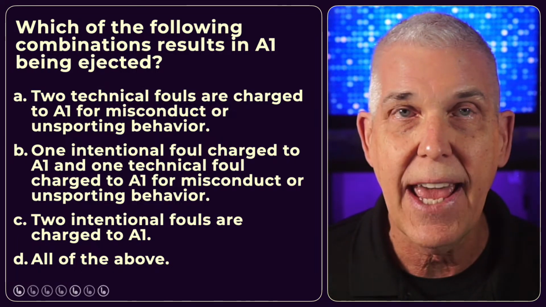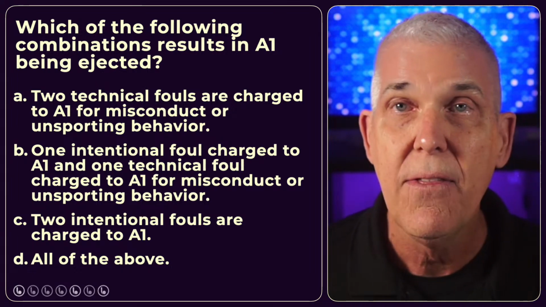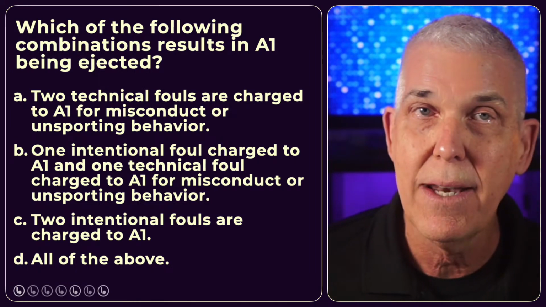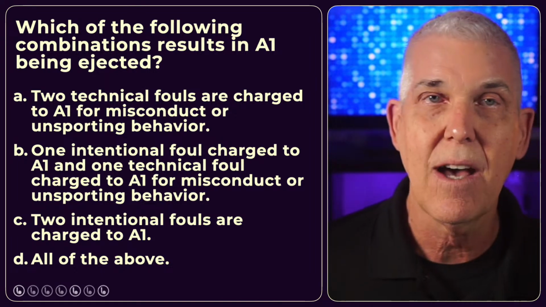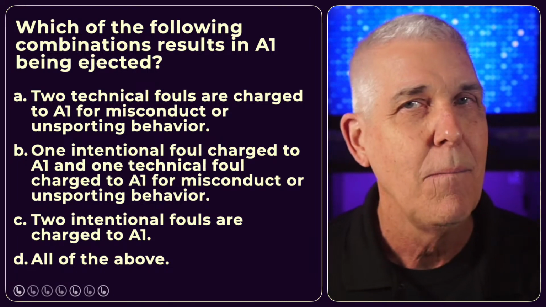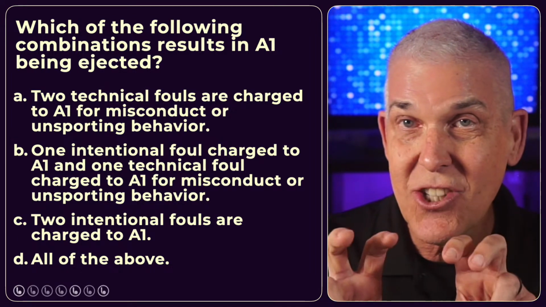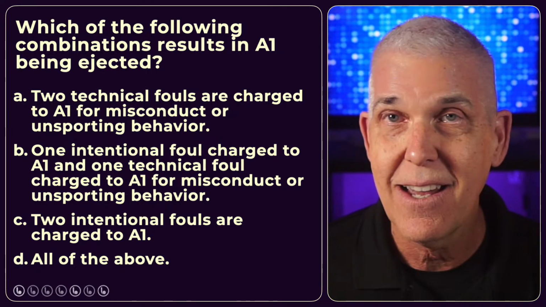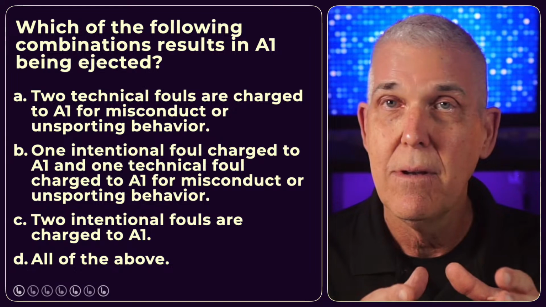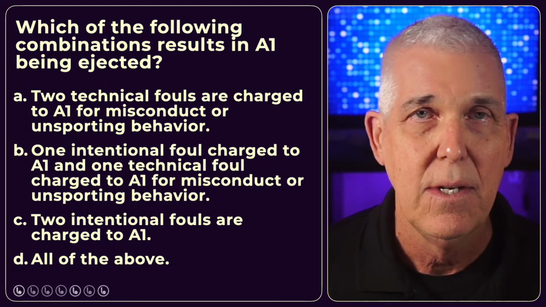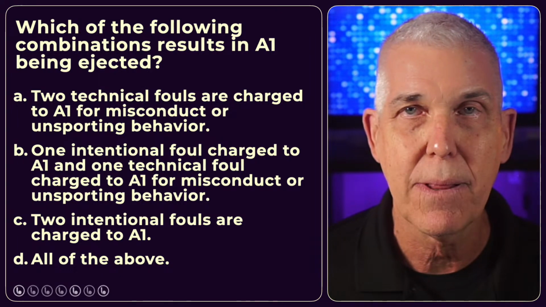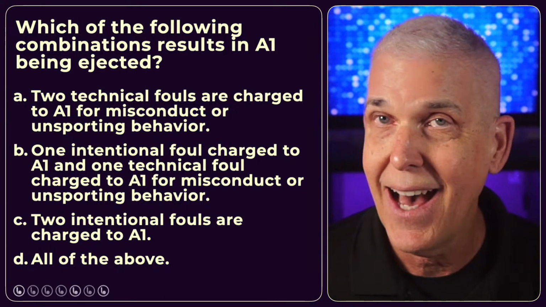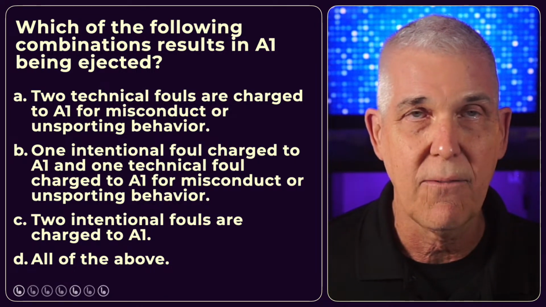2 technical fouls are charged to A1 for misconduct or unsporting behavior that would result in player disqualification. B, 1 intentional foul charged to A1 and 1 technical foul charged to A1 for misconduct or unsporting behavior may lead to an ejection at other levels, NCAA women's, but intentional fouls do not count, other than them being one of the 5 fouls, towards disqualification for a player. 2 intentional fouls charged to A1 would not at the high school level result in that player being disqualified.